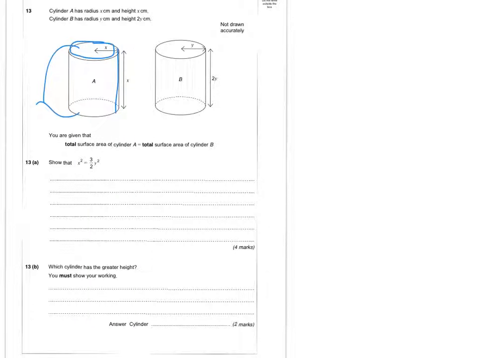So we've got pi x squared times 2 plus 2x pi times x is equal to 2 pi y squared plus 2y pi times 2y.